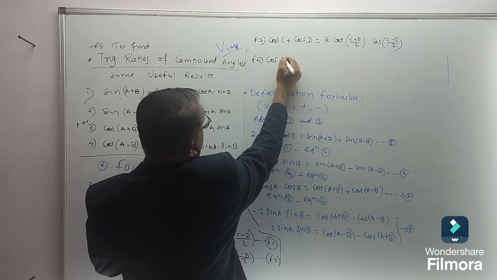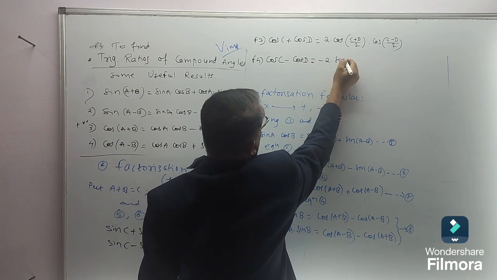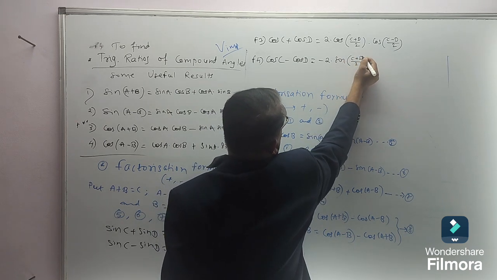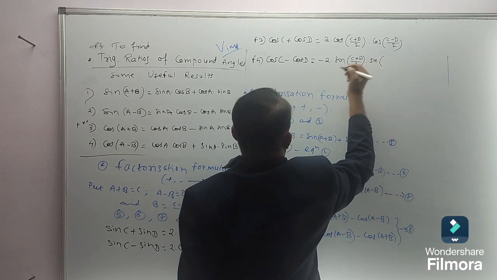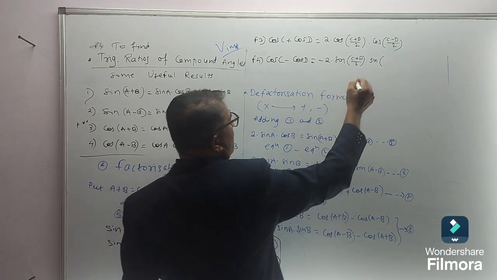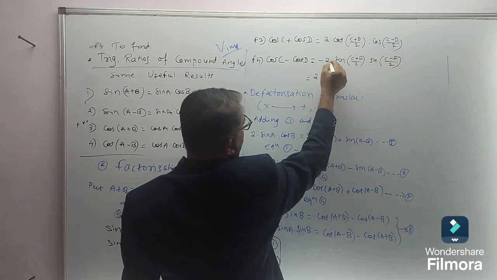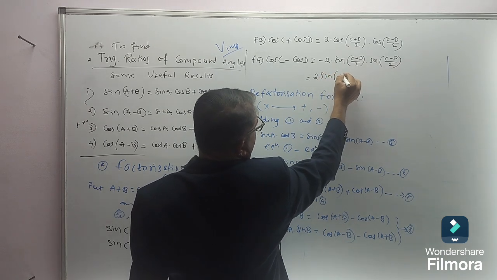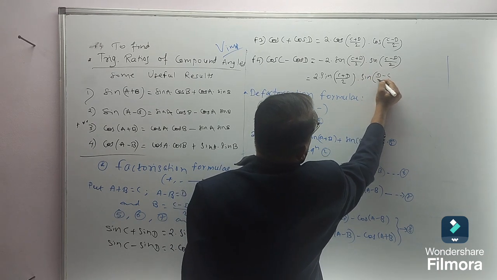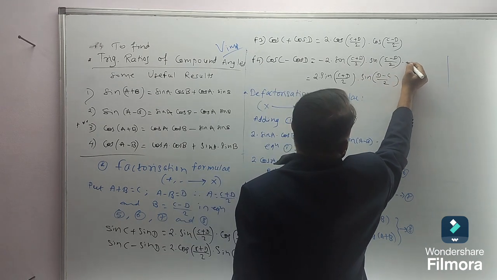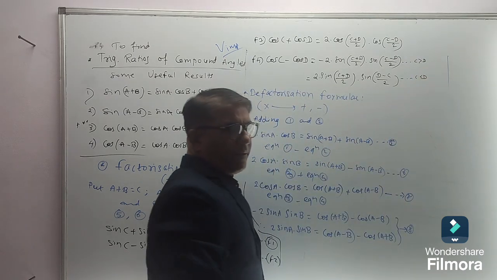Cos C minus cos D is equal to minus 2 sin C plus D by 2 into sin C minus D by 2, or if I write it as plus, then sin C plus D by 2 as it is, here sin of D minus C by 2. Use it when C is greater than D and use the other when C is less than D, it is better.